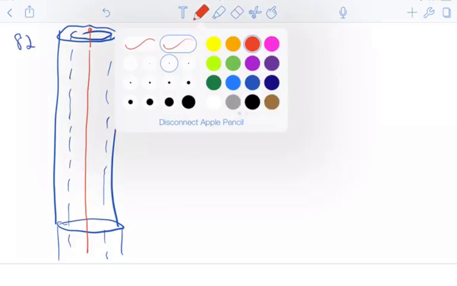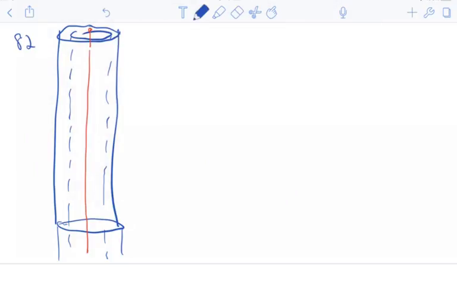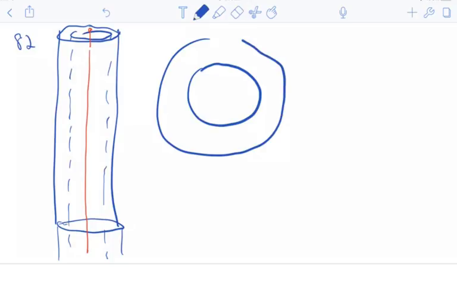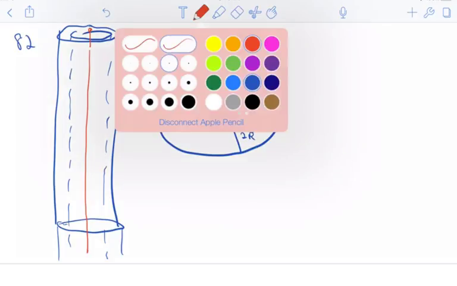So the reason I'm focusing on that is the diagram that I drew looks like this. Okay, so this one is length R, and this one is length 2R. And the electric field they drew looks like this.